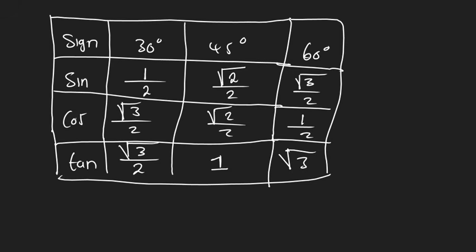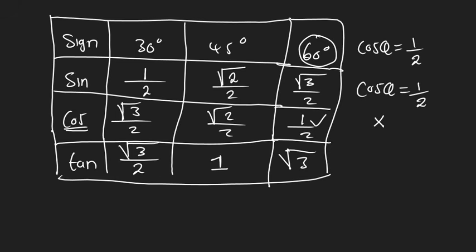Now, there we had cosine theta is equal to 1 over 2. So just go where the cosine is. Cosine is here. Then where is cosine 1 over 2? It's here, and the angle is 60. So cosine theta is equal to 1 over 2. The value of x that you are finding is 60 degrees. Now, since cosine is positive, go in the quadrant where cosine is positive. Bingo.